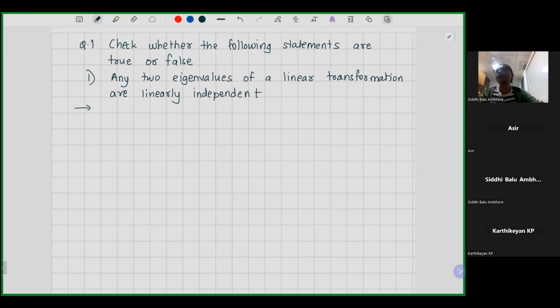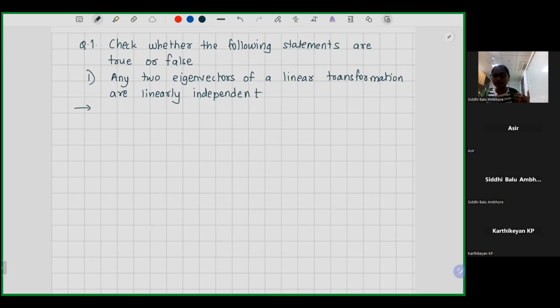So any guesses for this? They are asking whether, given any two eigenvectors of a given linear transformation, they are linearly independent.